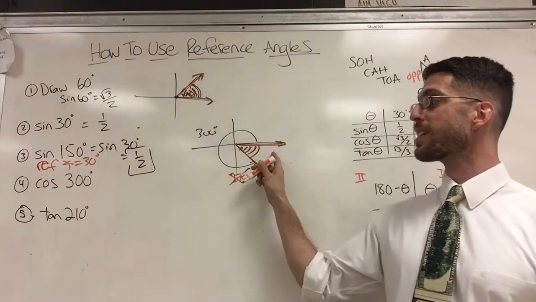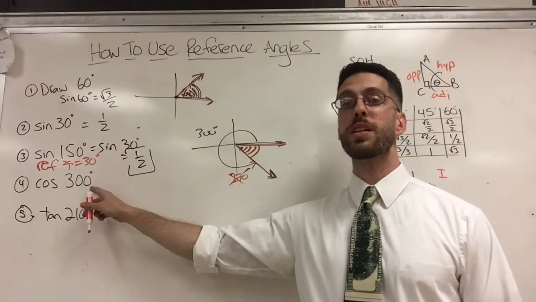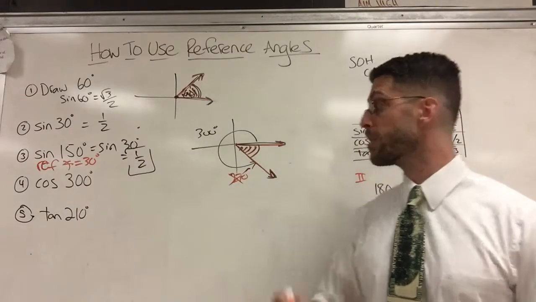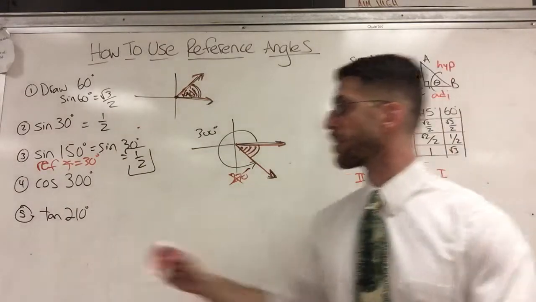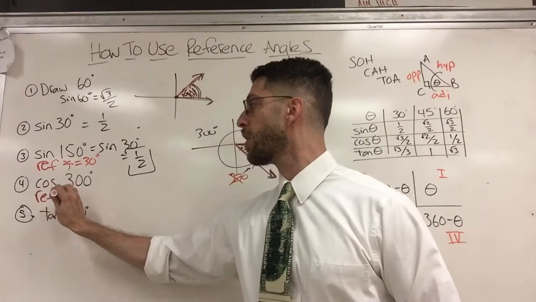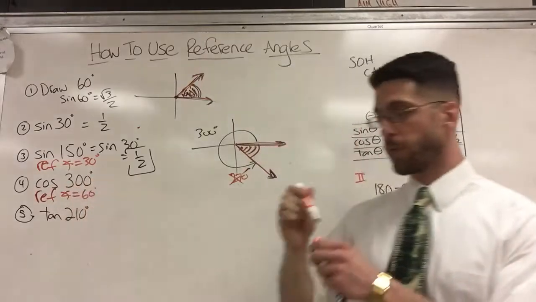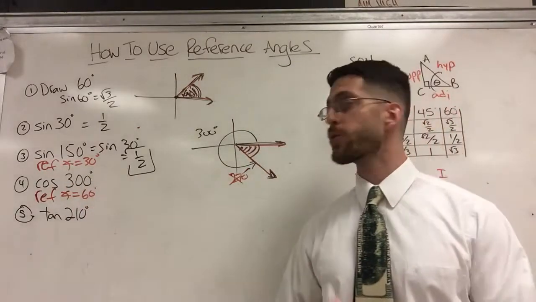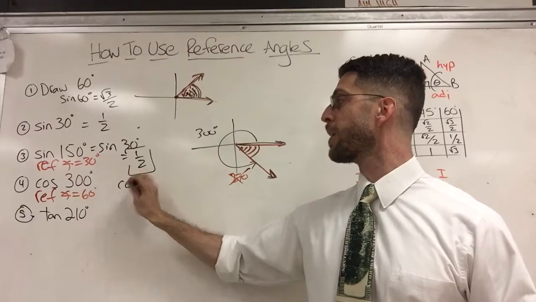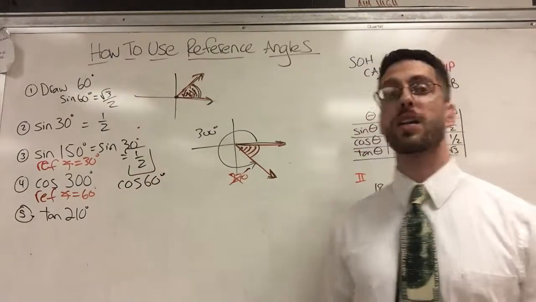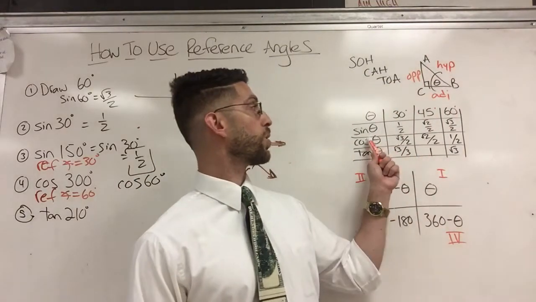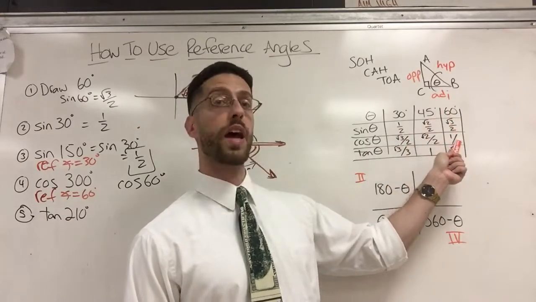So 360 minus 300 is what? 60 degrees. So the reference angle is 60 degrees. I'm really not asking for the cosine of 300. I'm asking for the cosine of 60. And, oh, just run to the table. Cosine 60, 1/2.